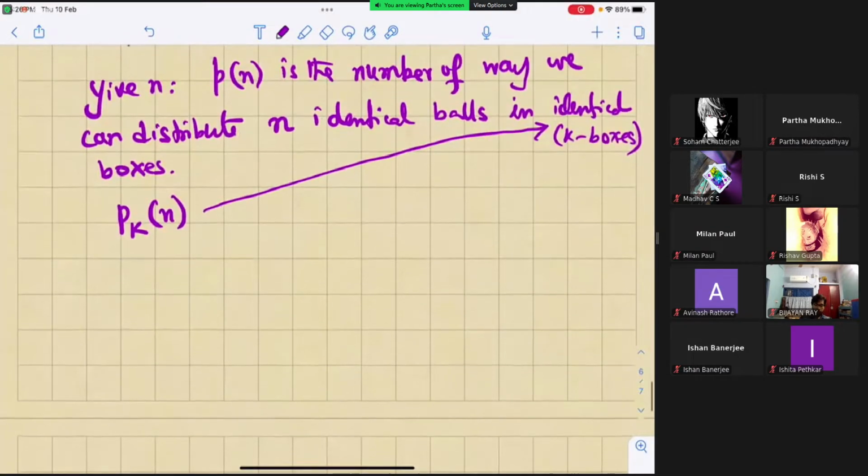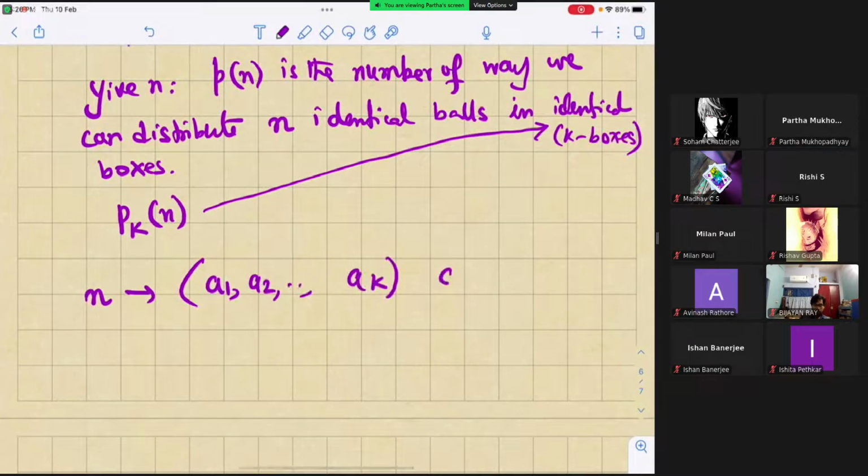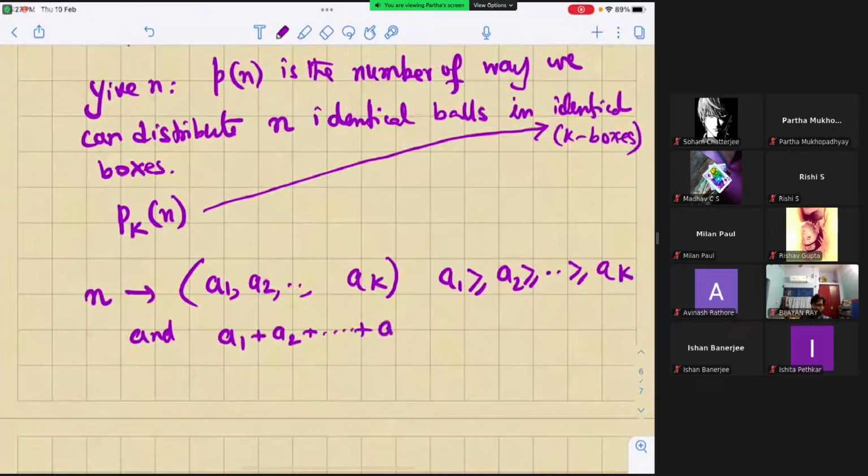So in particular, when you write n as one of the partitions, typically these are positive integers, so a1 is at least a2, at least a3, and so on, and a1 plus a2 plus up to ak equals n. This is the meaning of a partition.